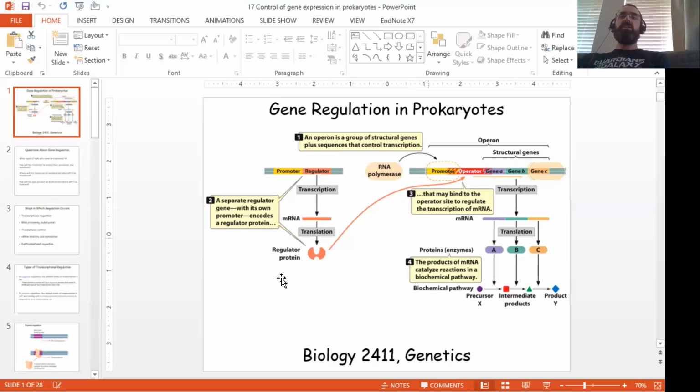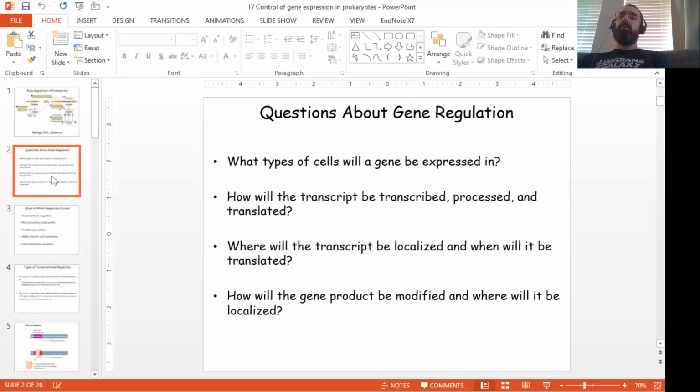Okay, so essentially, don't get too scared by this. We'll come back to it. It's a nice picture, and we'll look at it in a little bit. But essentially, what I've been talking about is the purpose of gene regulation.